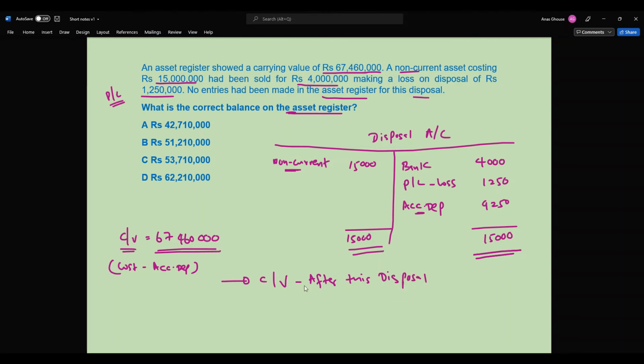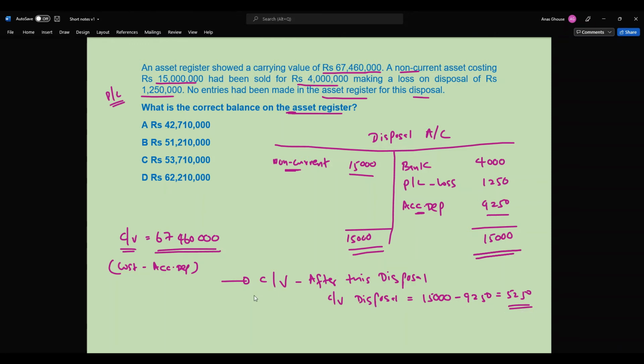Since there is a disposal, the cost was 15 million and the accumulated depreciation was 9,250. What is the carrying value of the disposal? Simply you take 15,000 cost less the accumulated depreciation 9,250, and thereby you find the carrying value of the disposal, which is 5,250.